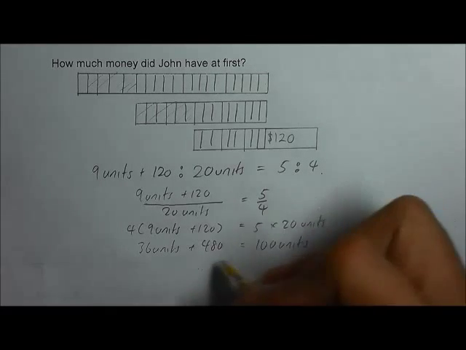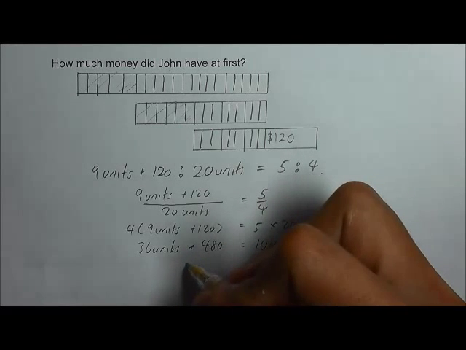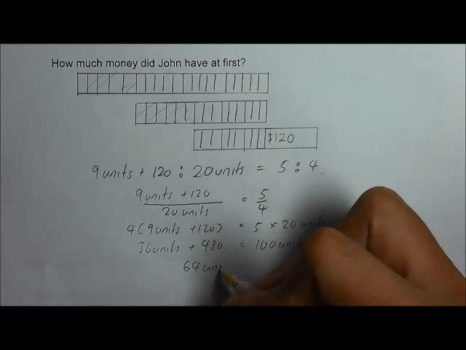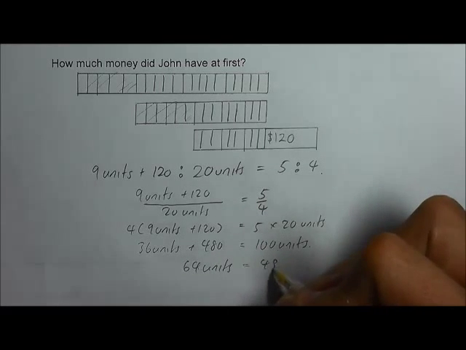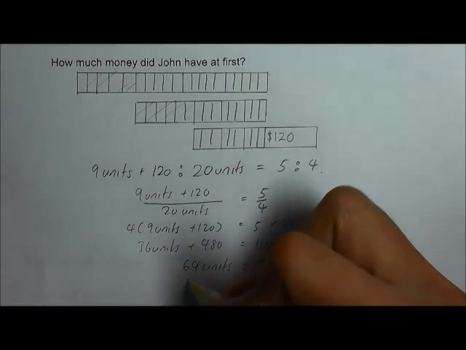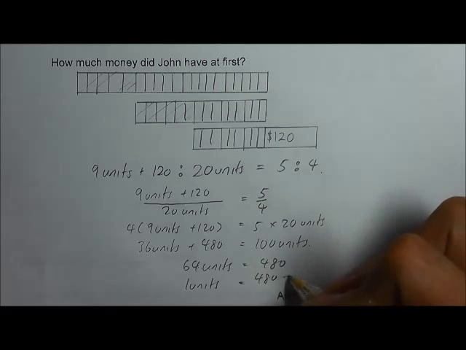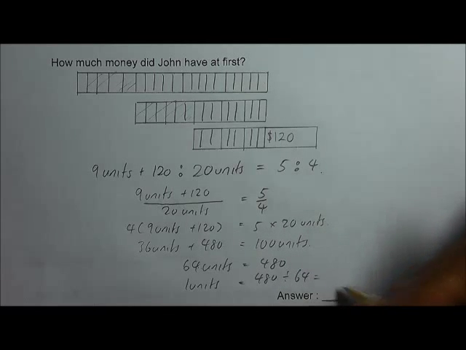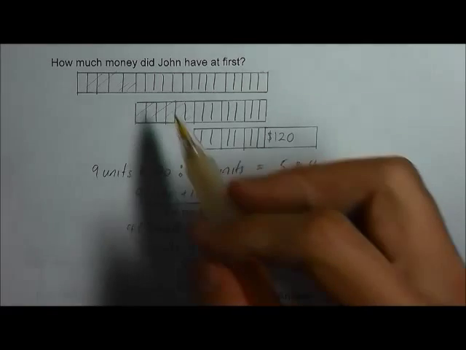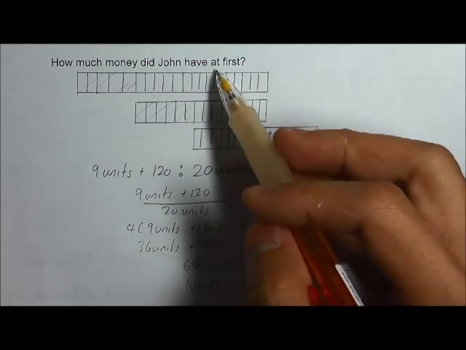And 100 minus 36 units, which is 64 units, will be equal to 480. So 1 unit will be 480 divided by 64. That will give us 7.5.